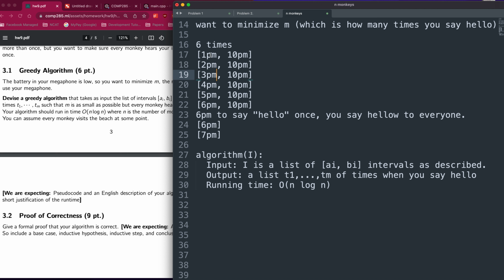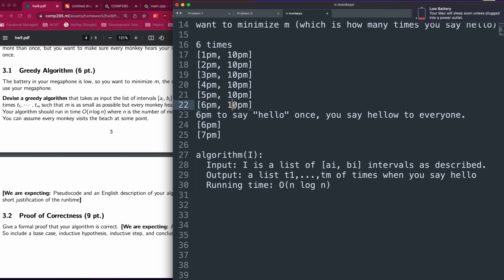Because maybe more monkeys are going to come, right? So as the monkeys come to the beach, you wait and wait and wait until a monkey's about to leave, right? And as the monkey is leaving, then you can say hello, because that is the last possible time you can say hello to that monkey.